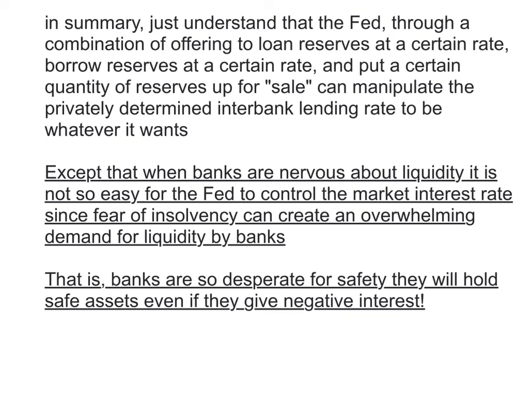So the Fed can try to influence or persuade financial institutions to change their behavior today by promising to do something in future. Now, the problem with that always is a promise is just a promise, and it's not a promise that the Fed can be held to.